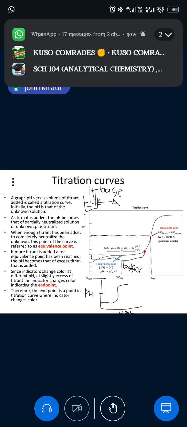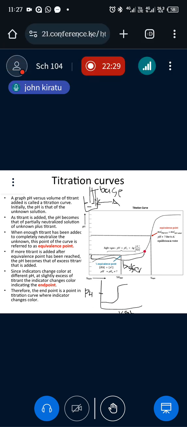Then when we go beyond the buffer region, any addition of volume causes a very rapid change of pH. That's why we have the steep part here. If you take the middle of that part, we usually call it the equivalence point. So what is the equivalence point?